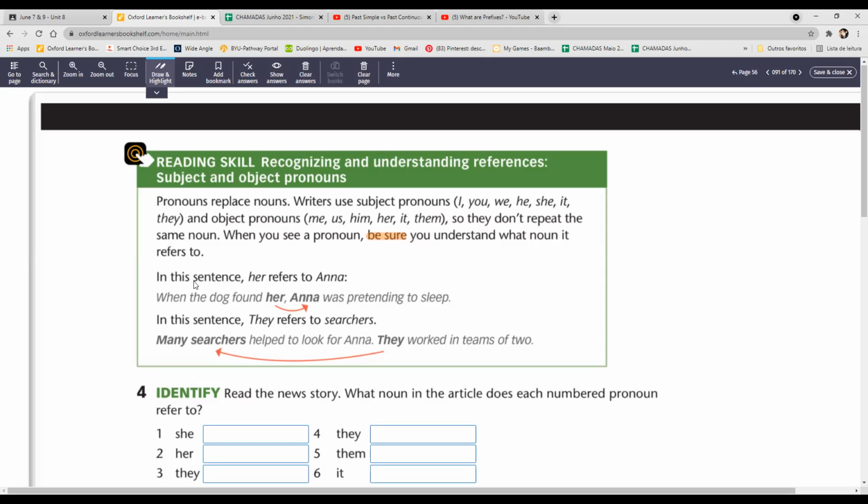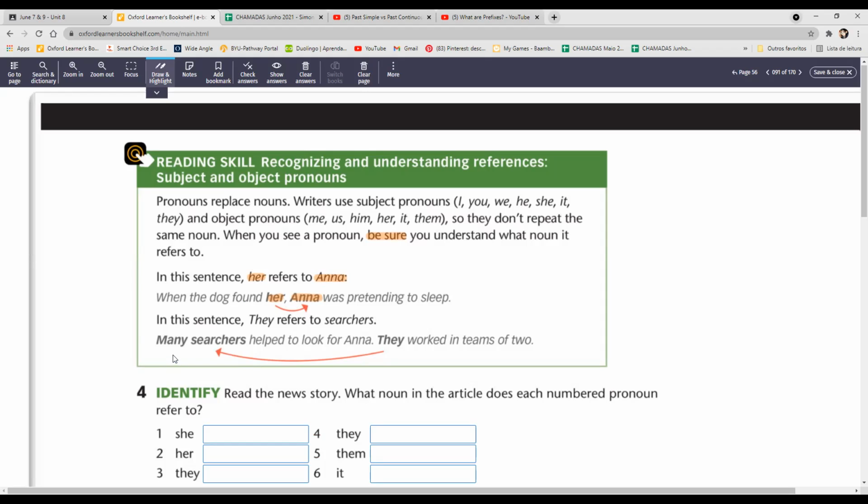Okay? Example, in this sentence, her refers to Anna. So, when the dog found her, Anna was pretending to sleep. So, her refers to Anna. In this sentence, they refers to searchers.